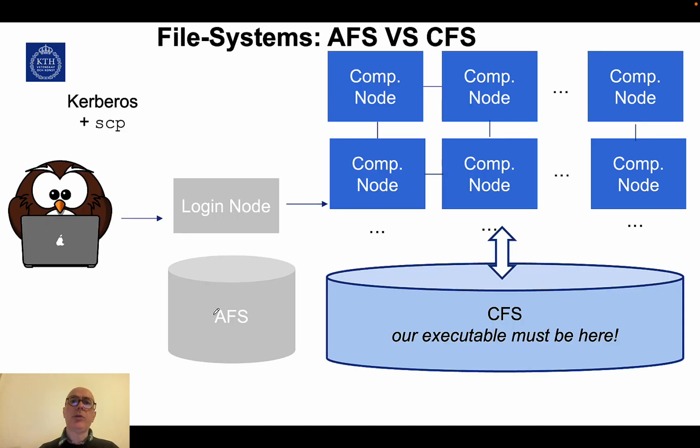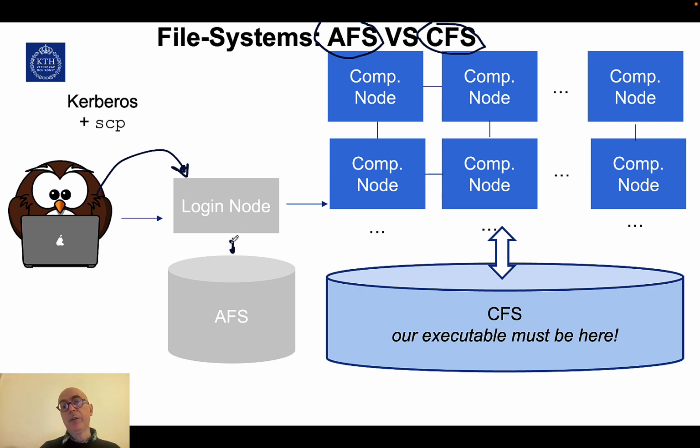A last very important part when using Dardel, the KTH system, is to realize that KTH PDC uses two file systems. One is called AFS and the other one is called CFS. Whenever you do SSH, you will log in to the login node, and your file system will be the AFS.